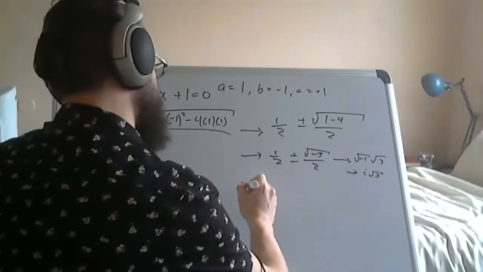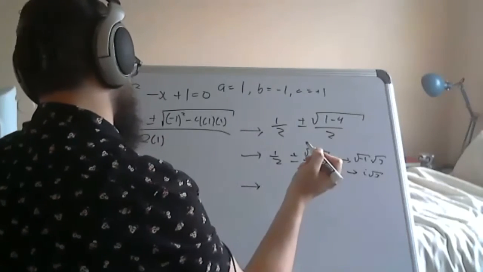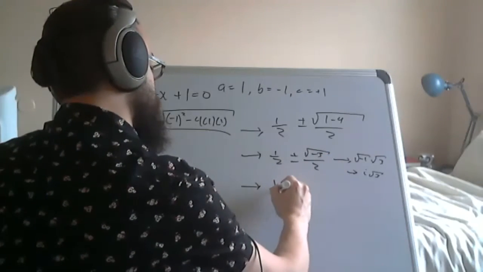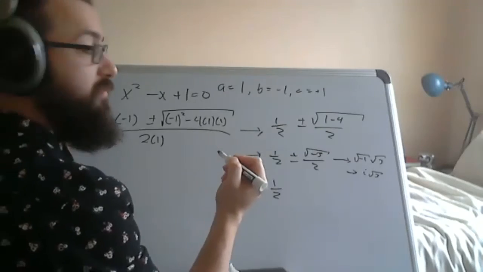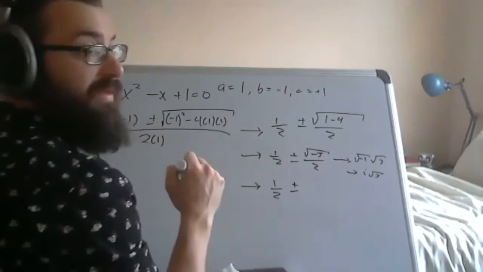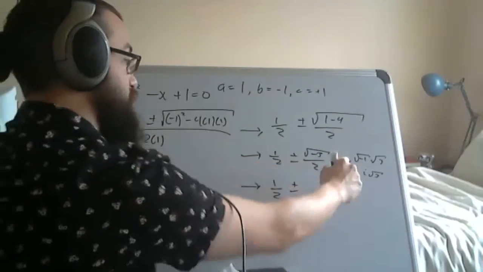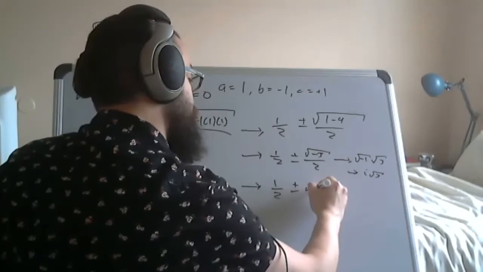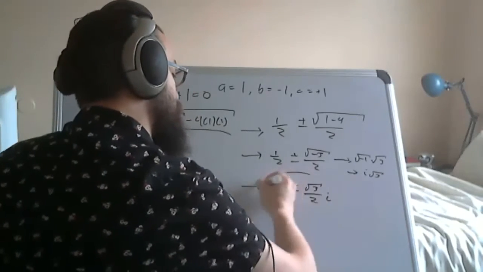So what we have here is 1/2 plus and minus root 3 over 2 i.